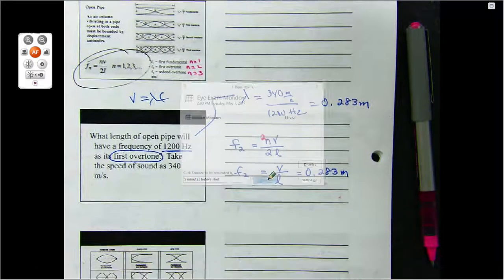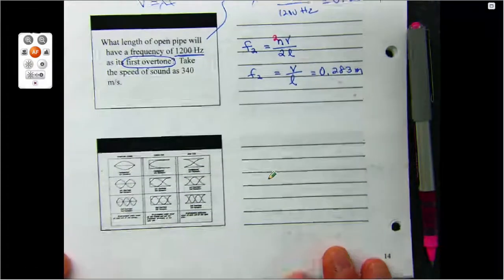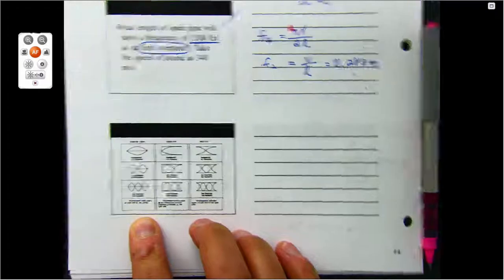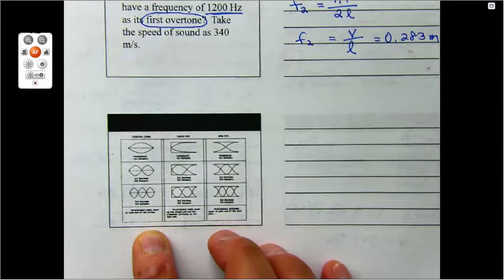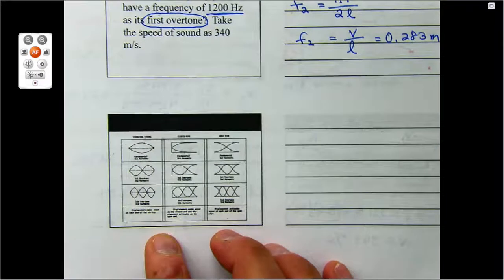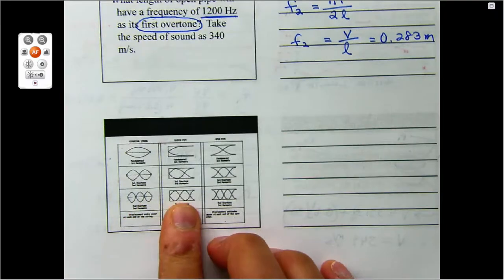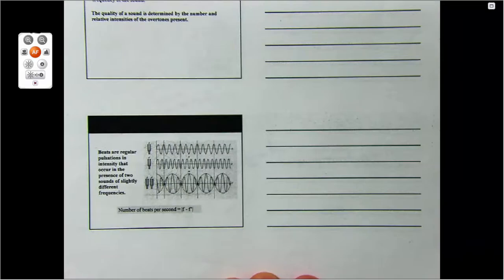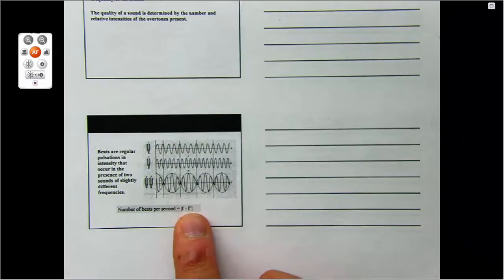Okay. This right here shows a vibrating spring, closed pipe, open pipe. And the only thing that you may get a question on is a beat frequency, and you just subtract the 2 frequencies.